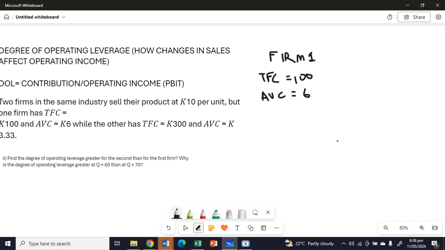Firm two, total fixed costs 300, average variable cost 3.3 kwacha.